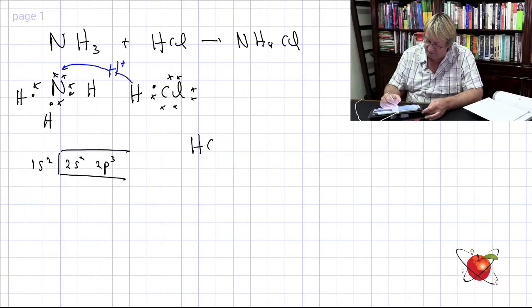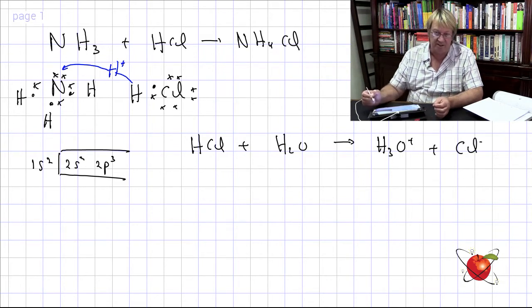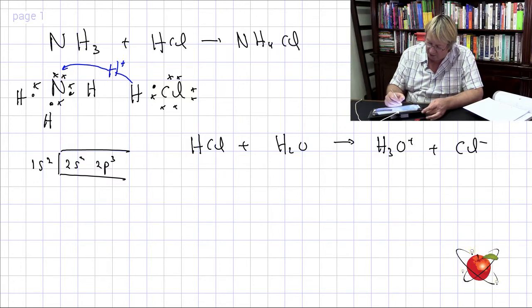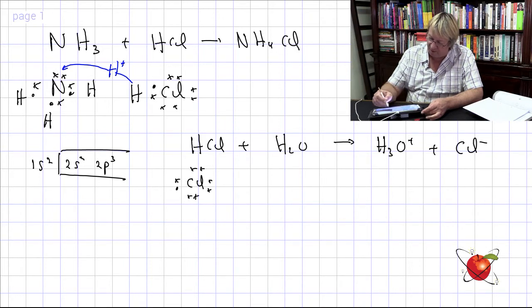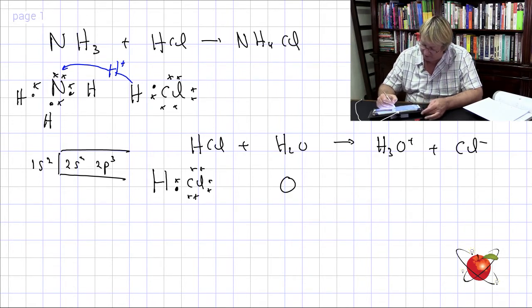Let us have a look at the other ones. These are the ones that they normally refer to: when we put HCl and water together, we form H3O plus and our Cl minus. How did this happen? We had the chlorine as above, and the poor hydrogen guy over there, and the H2O, with oxygen over there.